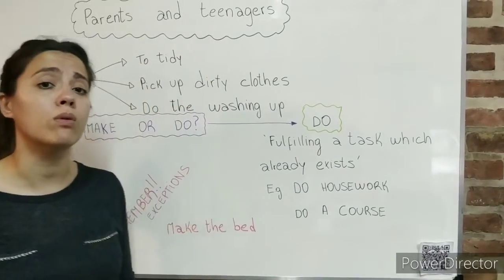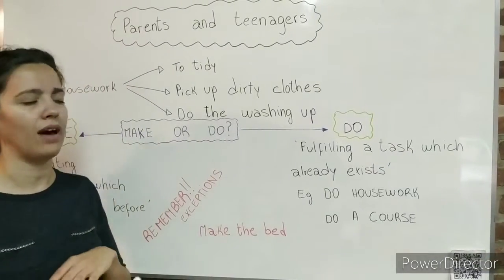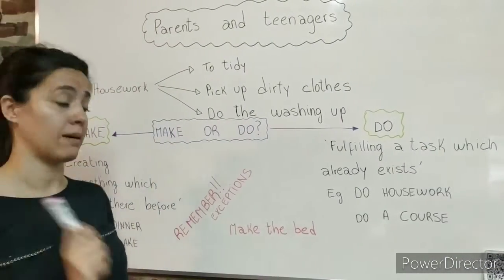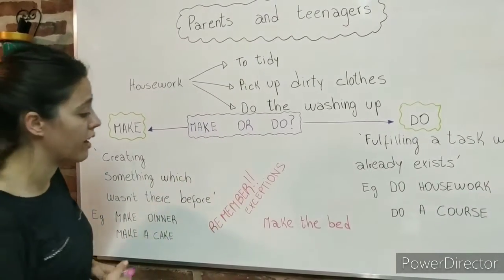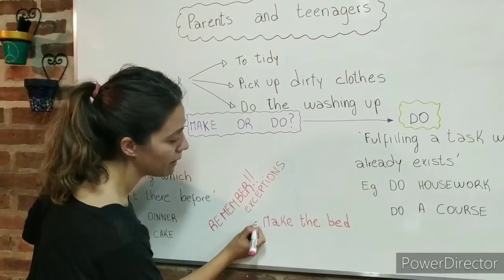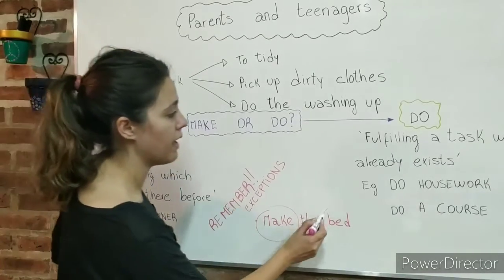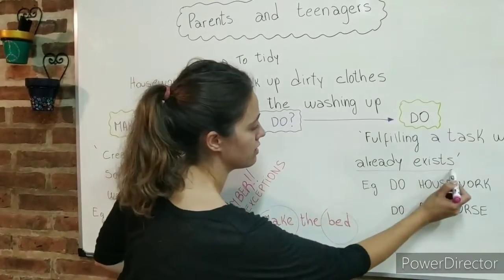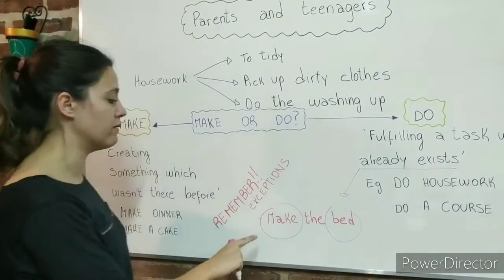But it is very important to remember that in English we have a lot of exceptions. So remember, we have exceptions, and for example here we have one exception that is make the bed, yes? So it is an exception because the bed already exists, right? But we cannot use do. We have to use make.